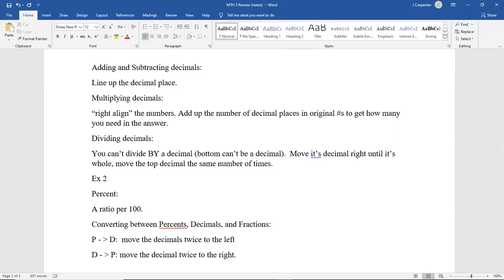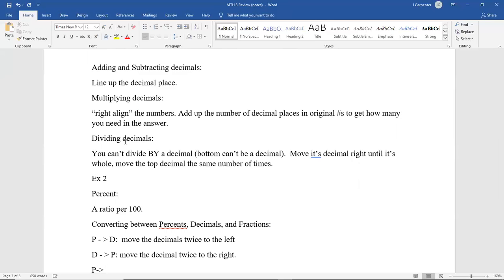Now, of course, you insert or delete the percentage sign as necessary. We already described how to go between decimals and fractions previously, so I'm not going to write the same thing twice in a review.